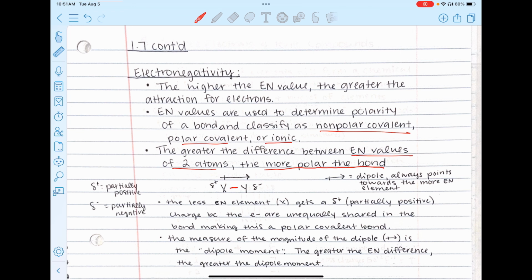What that means, when we have a dipole, is a separation of charge. And that means that our elements are not equally sharing electrons in this covalent bond. So somebody is essentially hogging the electrons towards itself, because it does a better job of attracting electrons in a bond. So that means that Y is going to be partially negative, not fully, because it doesn't form an ion.